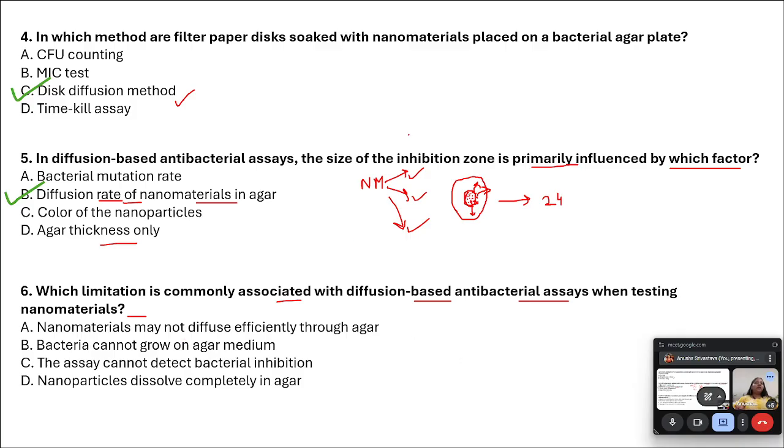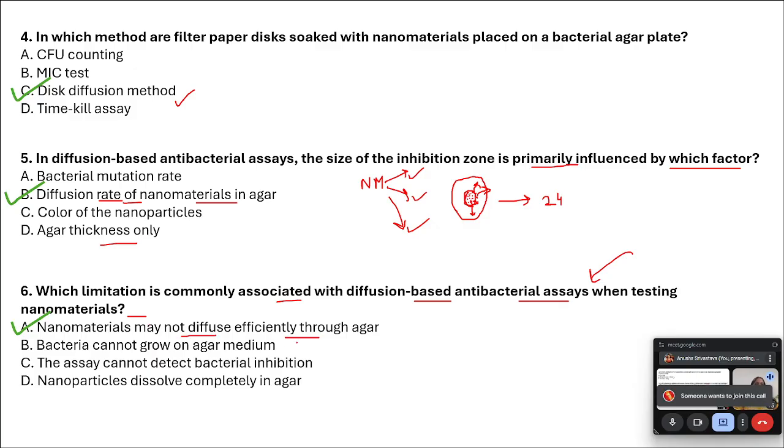Now, the third question reads: which limitation is commonly associated with diffusion-based antibacterial assays when testing nanomaterials? I hope what I have discussed just now applies to this question as well, right? So let us read the options one by one. The correct answer is that nanomaterials will not diffuse efficiently through the agar.